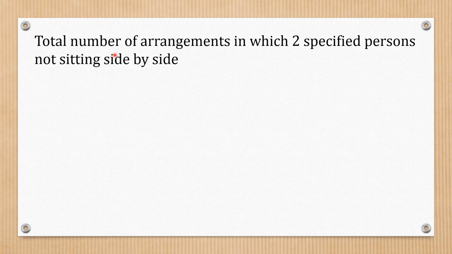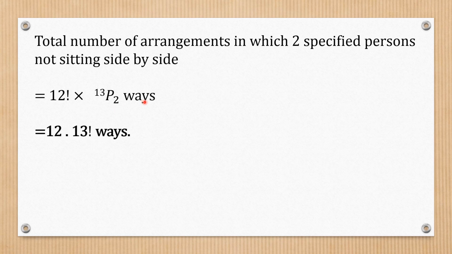Therefore, the total number of arrangements in which 2 specified persons are not sitting side by side will be 12 factorial into 13P2 ways. That will be 12 into 13 factorial ways.